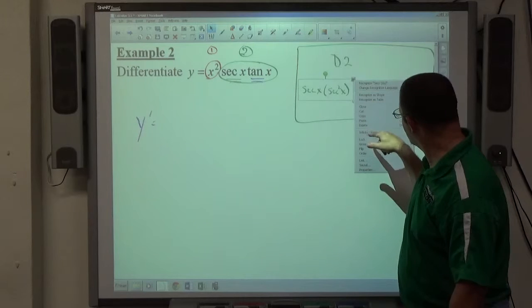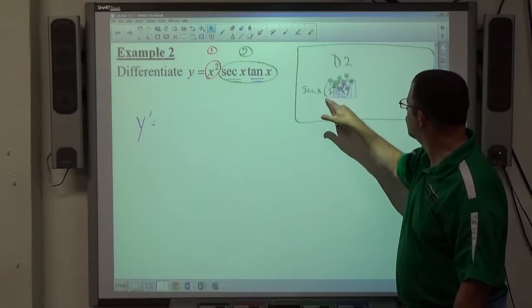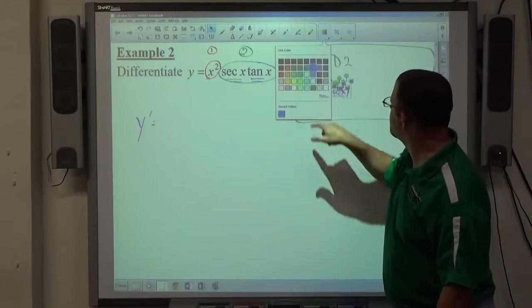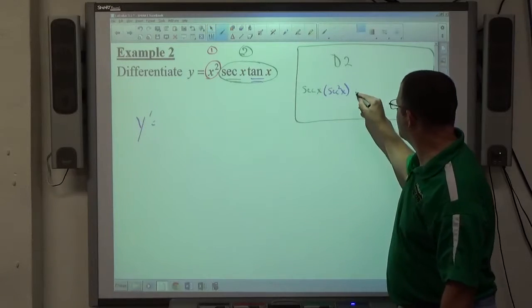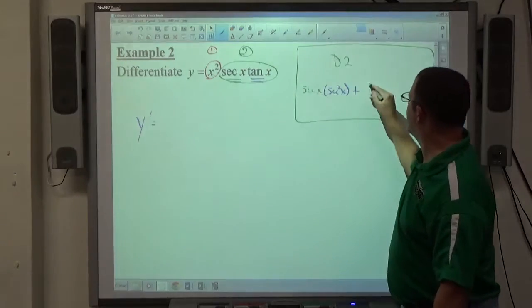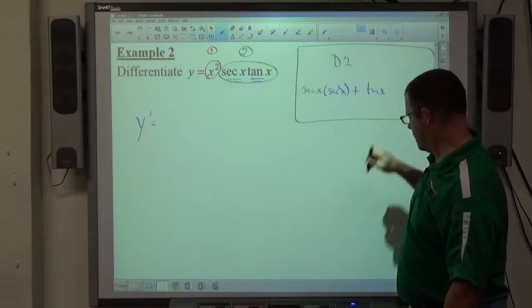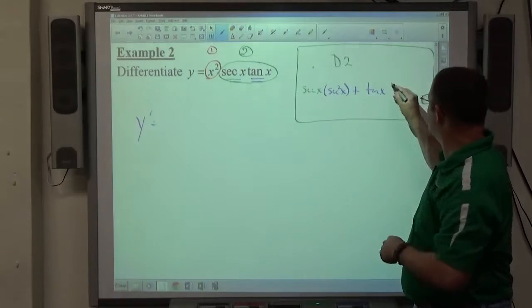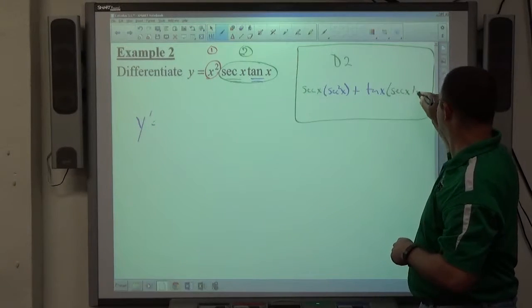That's 1d2. Plus 2d1 is going to be tangent of x times d1, which is secant of x tangent of x.